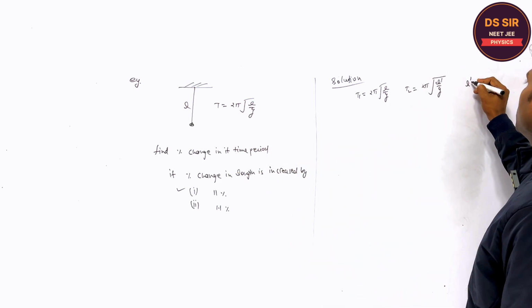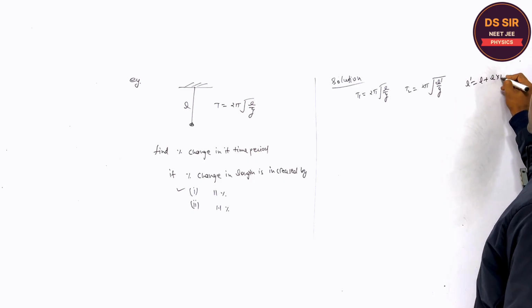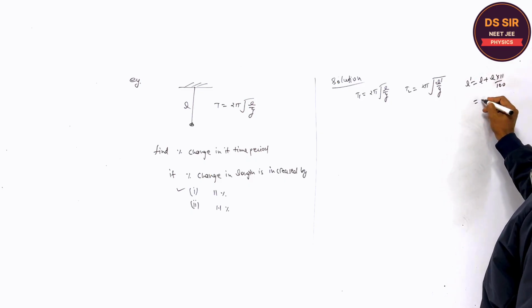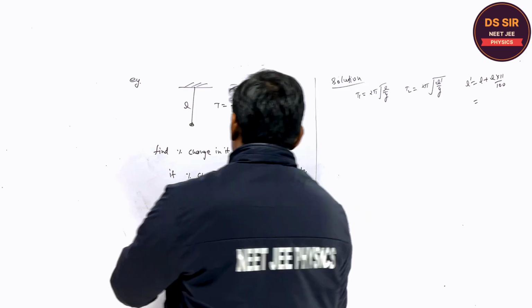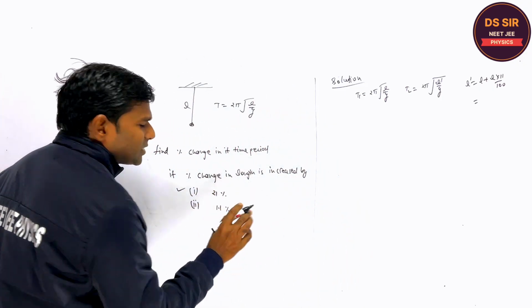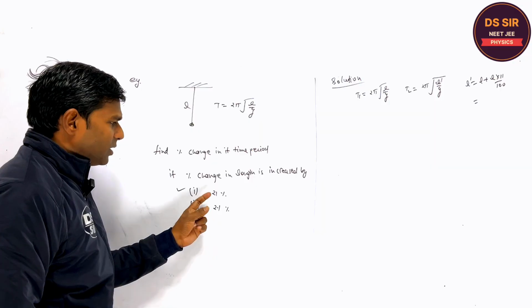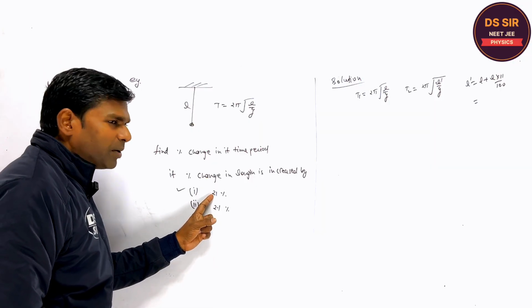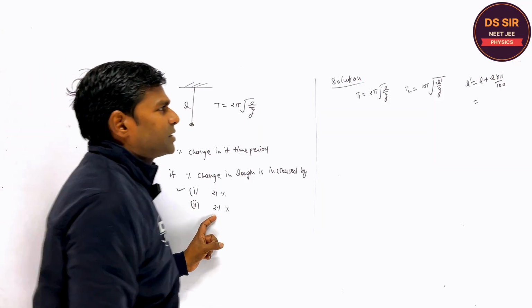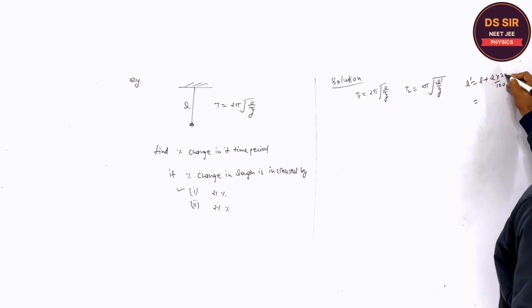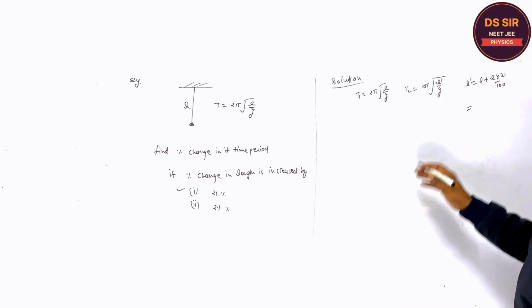What is L dash? L plus 11% of L. Wait for 1 minute. You may write this 21%. Please change, this is 2.1% change. It is 21% change, 2.1% change. So if you write this 21, the answer will be good, right?